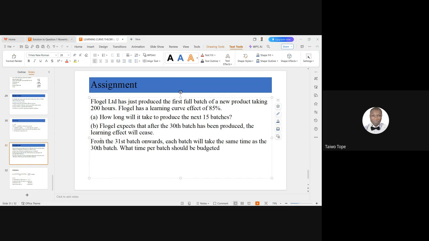So the conditions where the learning curve operates, the activity must be done manually. Where activities are carried out with machines, the machine can keep working and working without getting tired. So the learning curve will not be measurable, will not be relevant at that point.